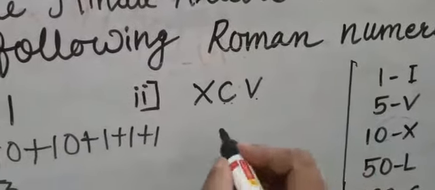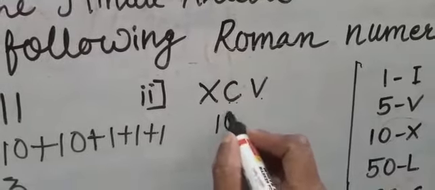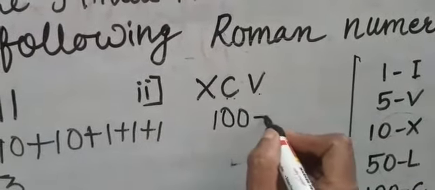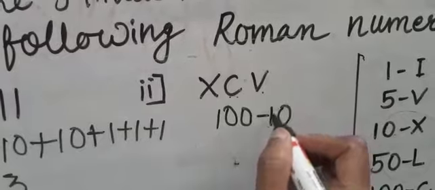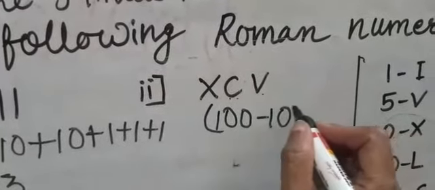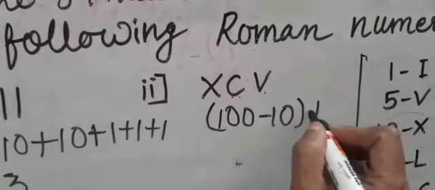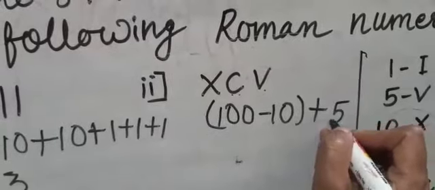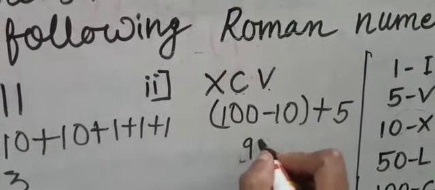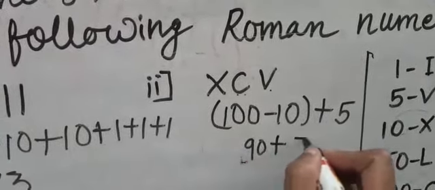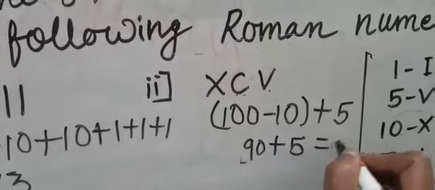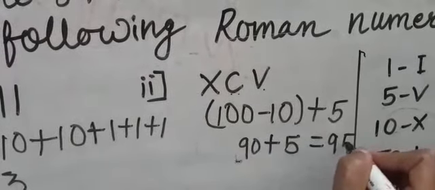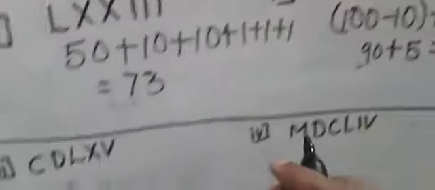So 100 minus X, X means 10. So I can write XC as this, and the value of V is 5. So 100 minus 10 is 90, plus 5, it gives me the value 95.